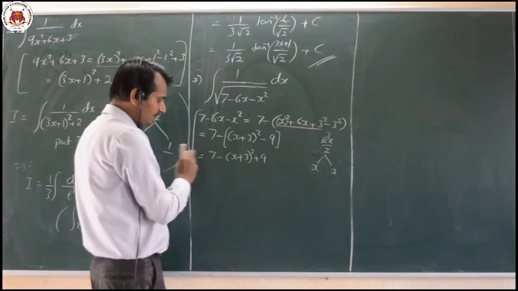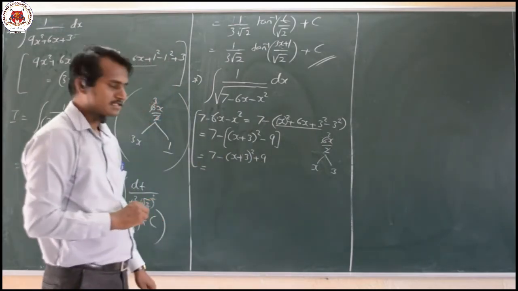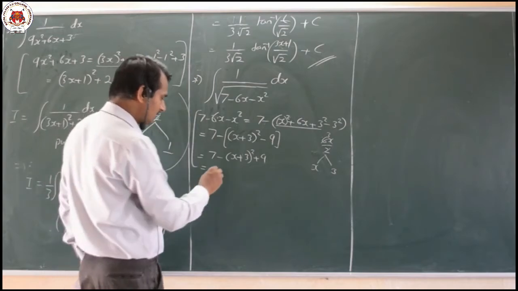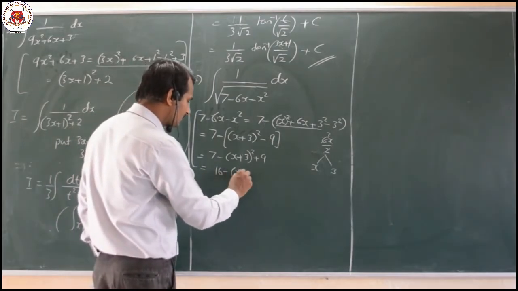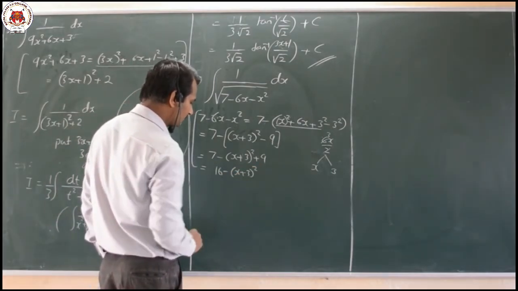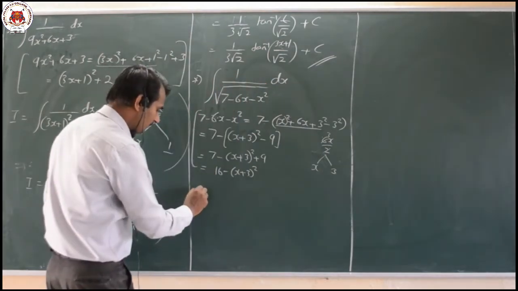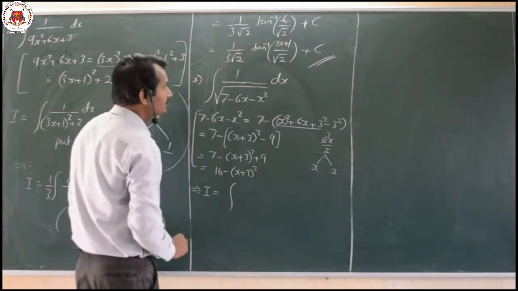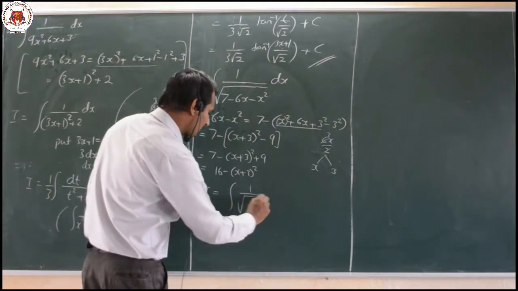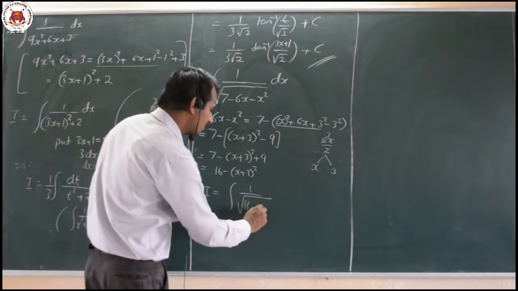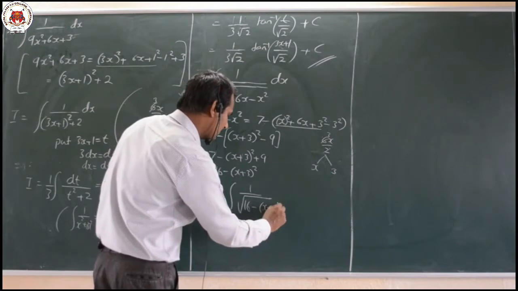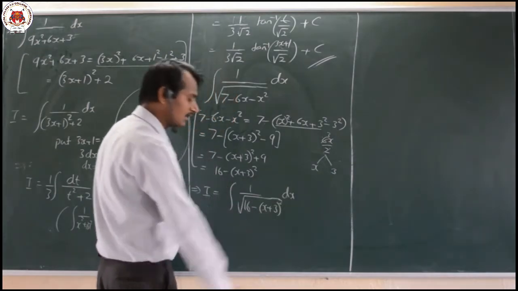Plus 9, 7, so what we get here is 9 plus 7, that is 16 minus x plus 3 whole square. This value I will substitute in the question. That implies I is equal to the integration of 1 divided by root of 16 minus x plus 3 whole square into dx.